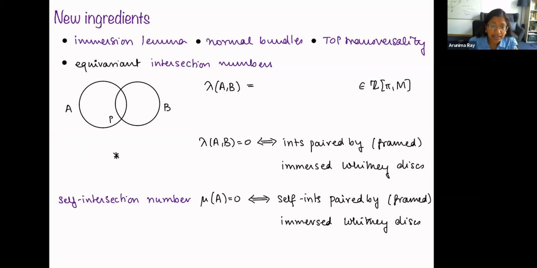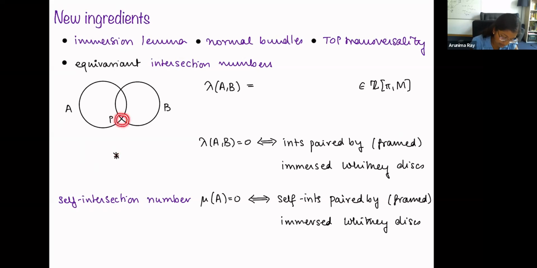If I have A and B, these are simply connected surfaces inside of a four-manifold, and I want to count their equivariant intersection form. What I do is look at the base point of my four-manifold.